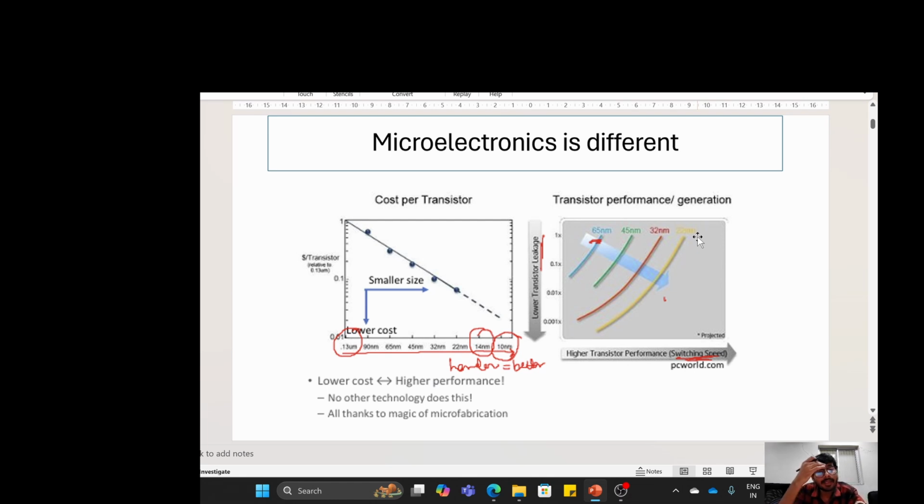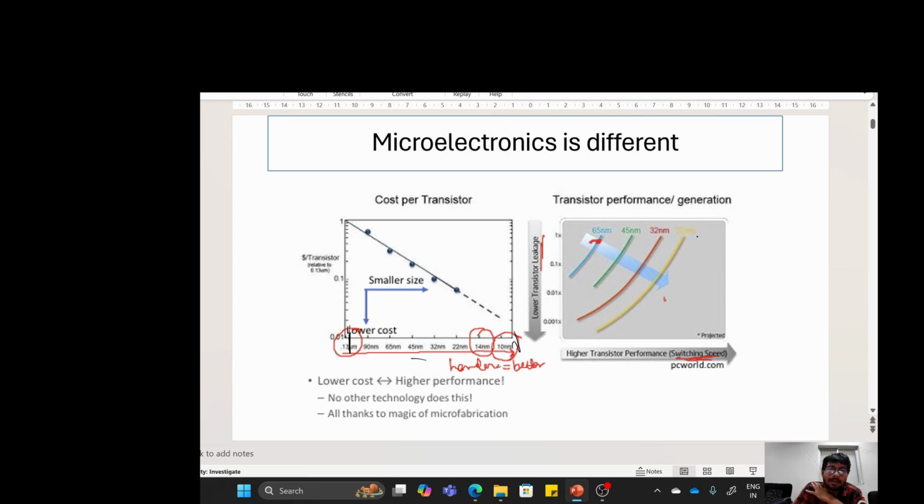There are two things, cost and miniaturization. As you can see on this curve, this is the 13 micron technology at this point, and now it's around 10 nanometer technology.